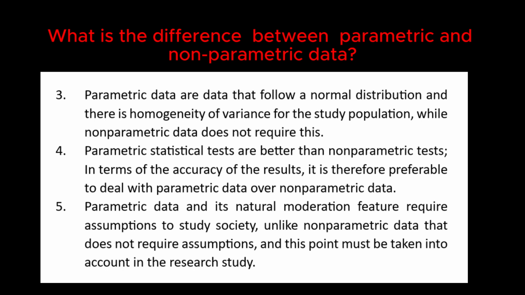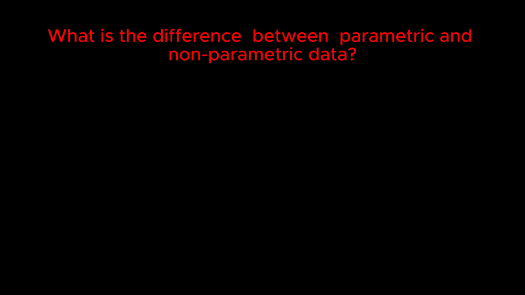Parametric statistical tests are better than non-parametric tests in terms of the accuracy of the results, therefore it is preferable to deal with parametric data over non-parametric data. Parametric data and its natural moderation feature require assumptions to study society, unlike non-parametric data that does not require assumptions, and this point must be taken into account in the research study.